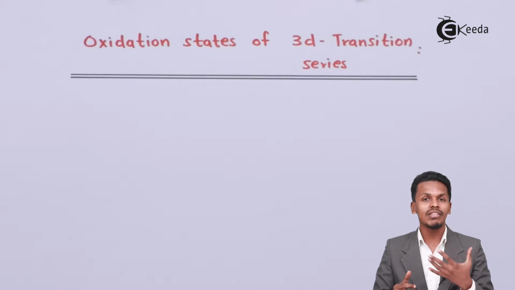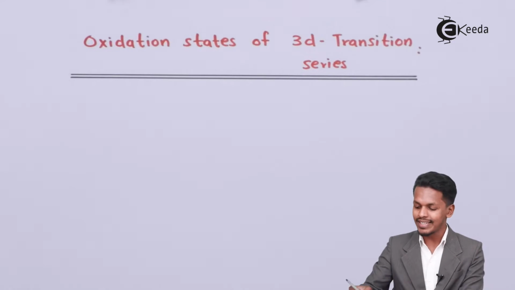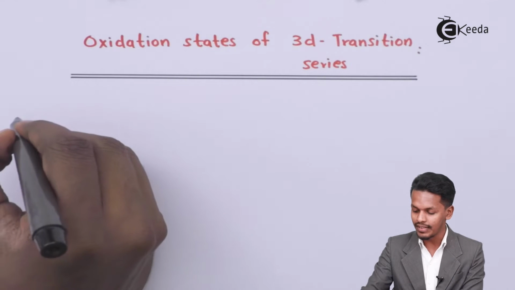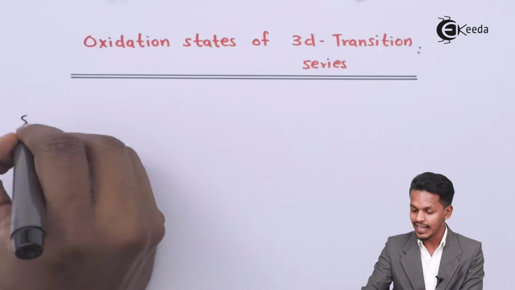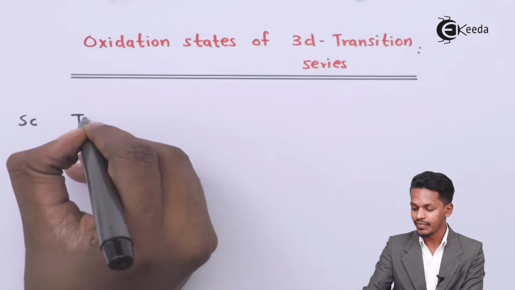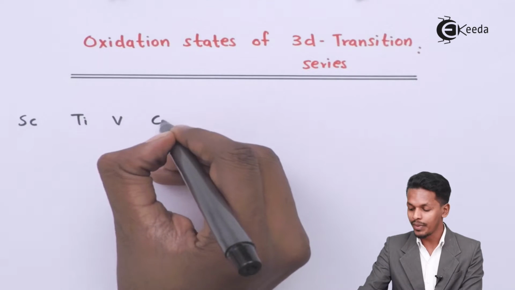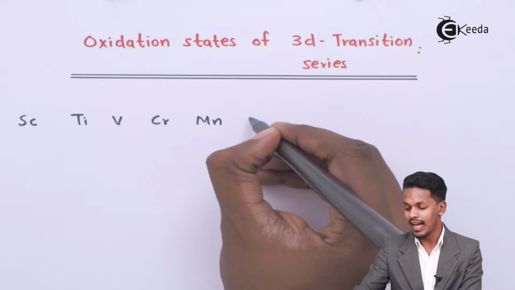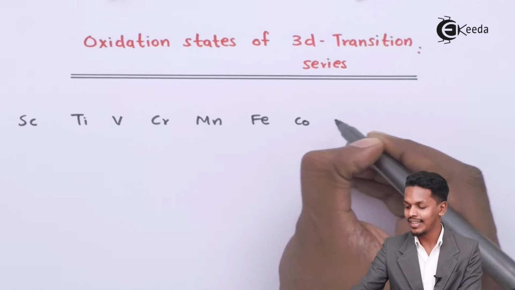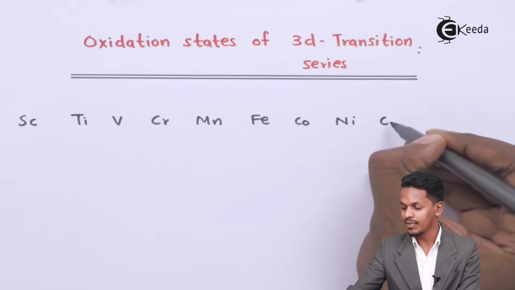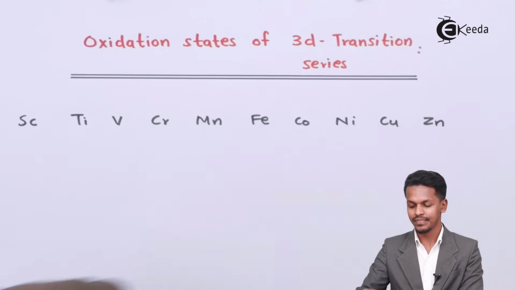If we talk about the 3d transition series, the elements in the 3d series are scandium, titanium, vanadium, chromium, manganese, iron, cobalt, nickel, copper and zinc.